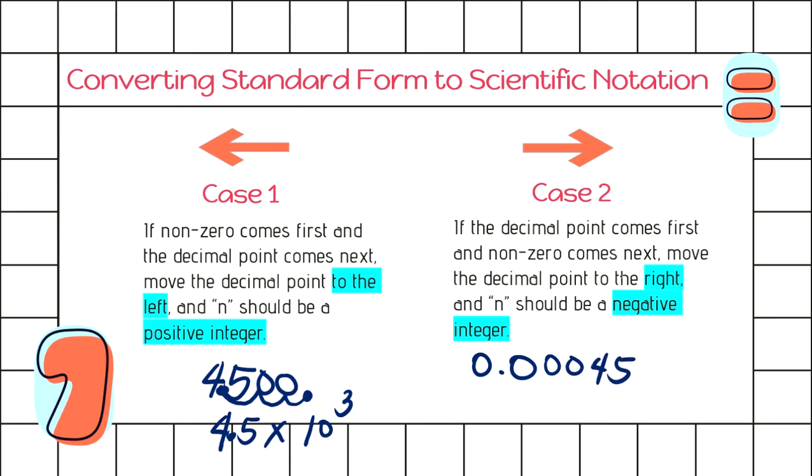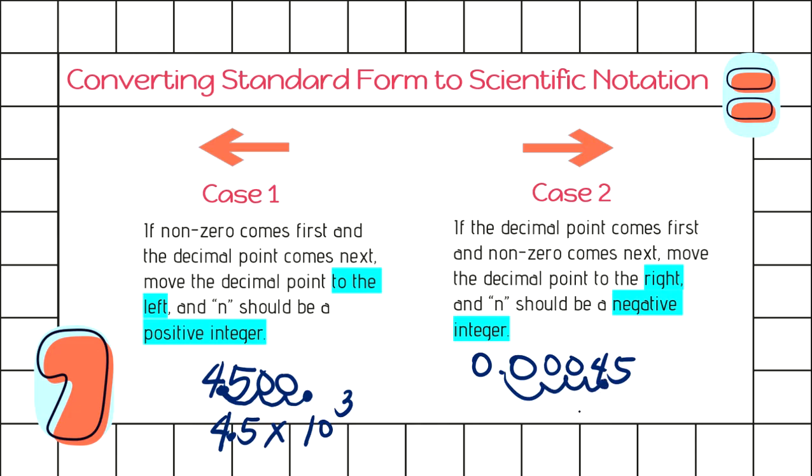As you can see, we have the decimal point first before the non-zeros, which are 4 and 5. So we should move the decimal point to the right, making sure that it stops on the last digit. So 1, 2, 3, 4.